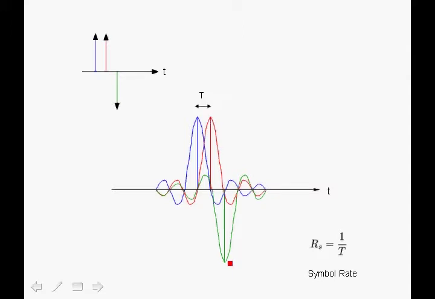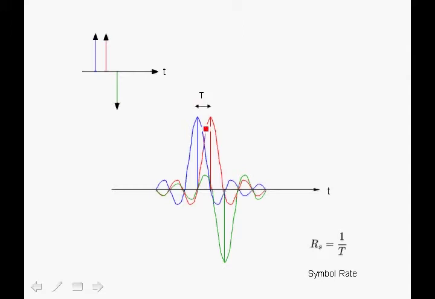Notice that for the third impulse also, spaced T seconds apart, at its peak both the first impulse and the second impulse go to 0, so there is 0 intersymbol interference at this point in time. This is a very nice property of the sinc function and a whole class of pulses that we will discuss called raised cosine pulses, or Nyquist raised cosine pulses.